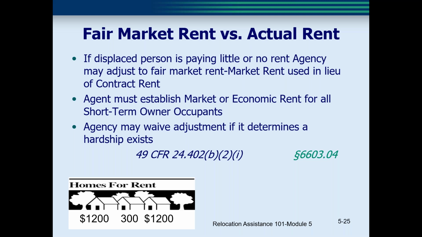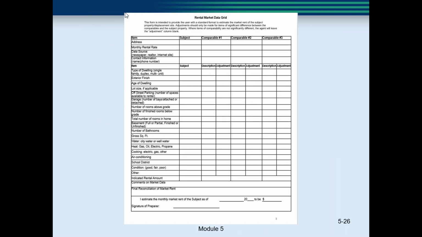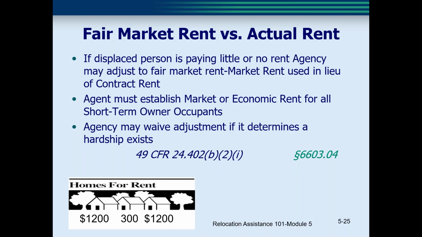Okay, so now let's talk about fair market rent and actual rent. If you remember, when we were discussing the information you collect at the start of the RSP determination process, you need to know what the rental values are in the area.